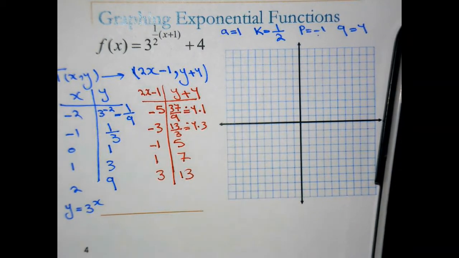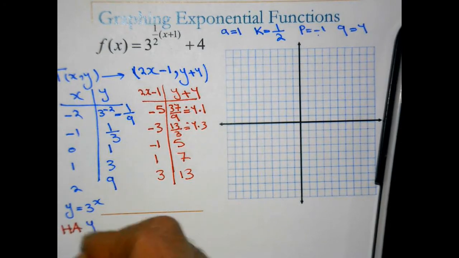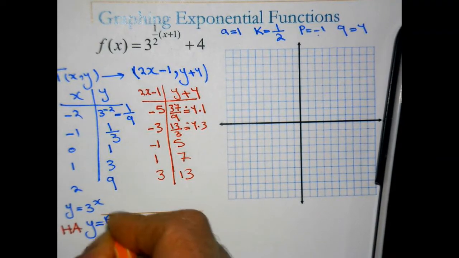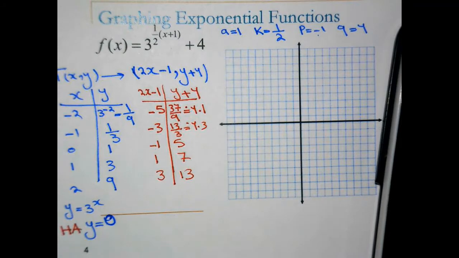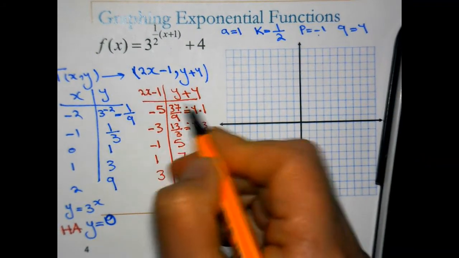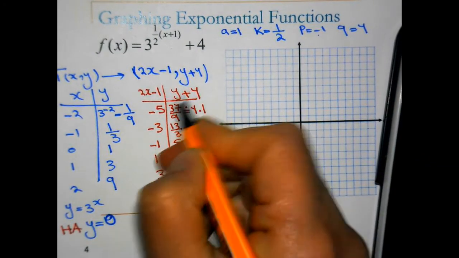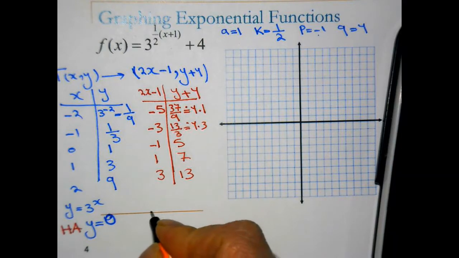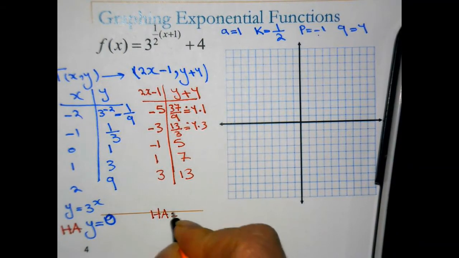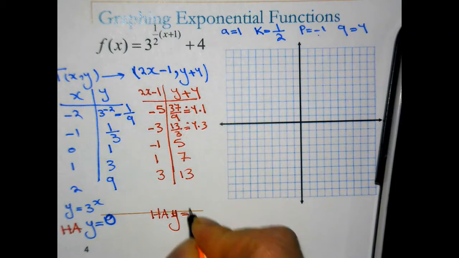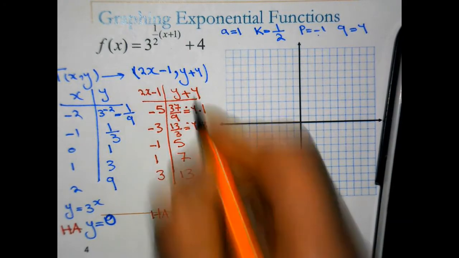Now, an important thing to remember is that our horizontal asymptote, which is originally y equals 0, which is the x-axis, you can put that also in your transformation. So the horizontal asymptote will be y equals 4, since 0 plus 4 is 4.